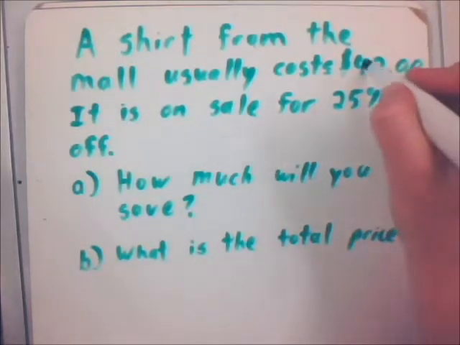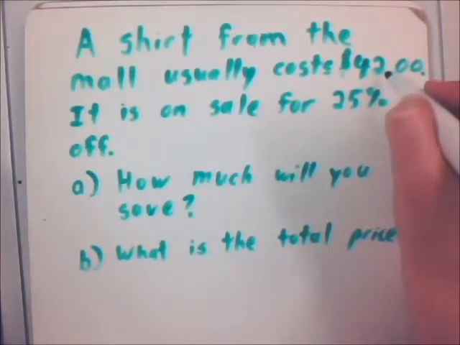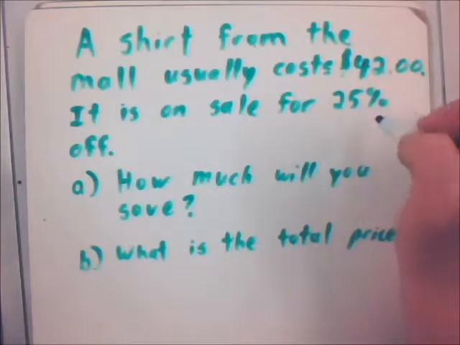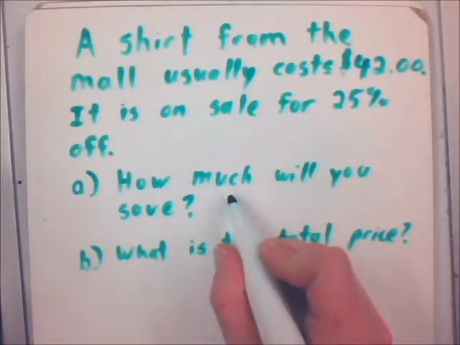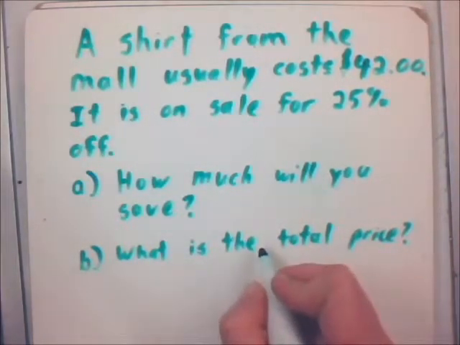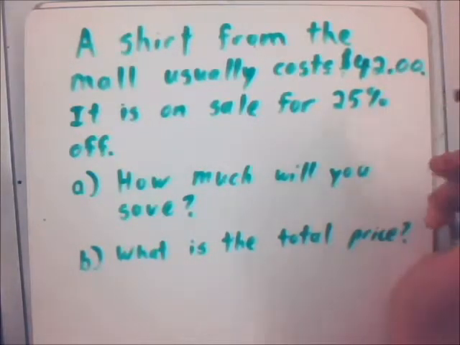In this case, 42 is the total cost usually, so this is our starting number. We're going to figure out what 25% of 42 is to figure out how much we'll save. Then, to find the total price, we're going to take that amount that we save and subtract it from the starting total of 42.